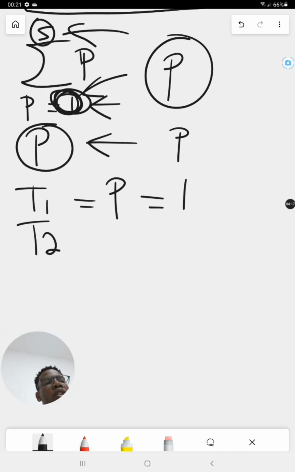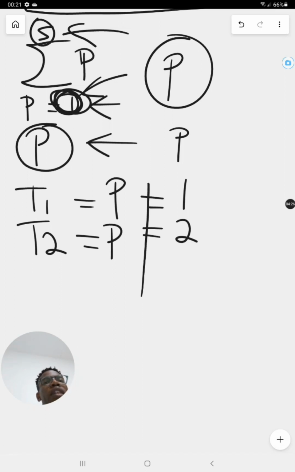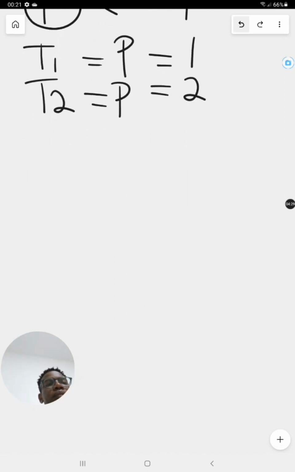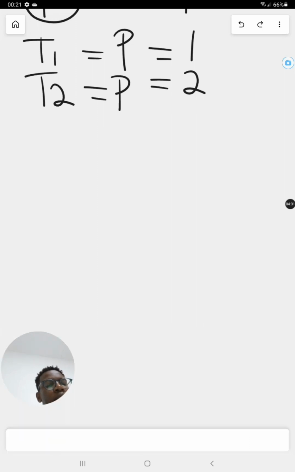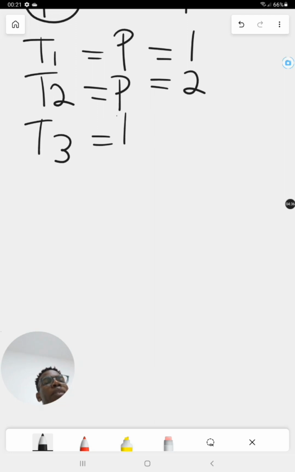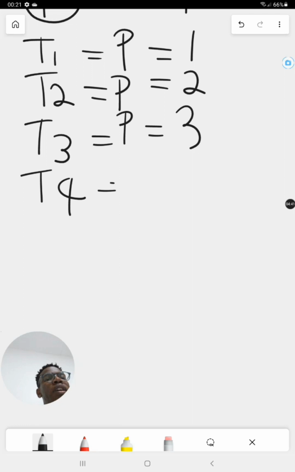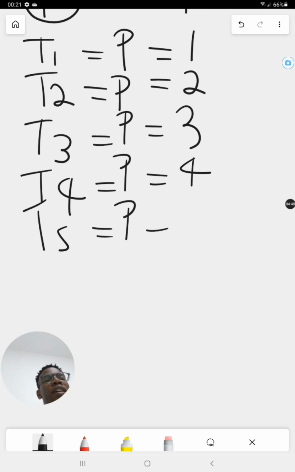Term 2 would be P when P is equal to the number after 1, which is 2. Term 3 would be P when P is equal to 3. Term 4 would be P when P is equal to 4. And then term 5 would be P when P is equal to 5.